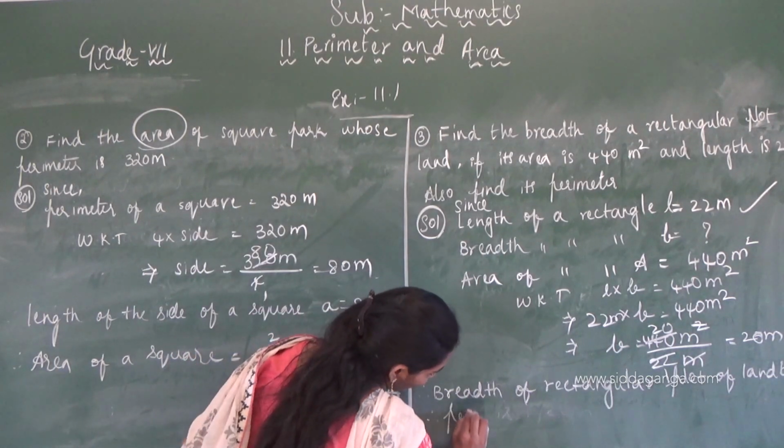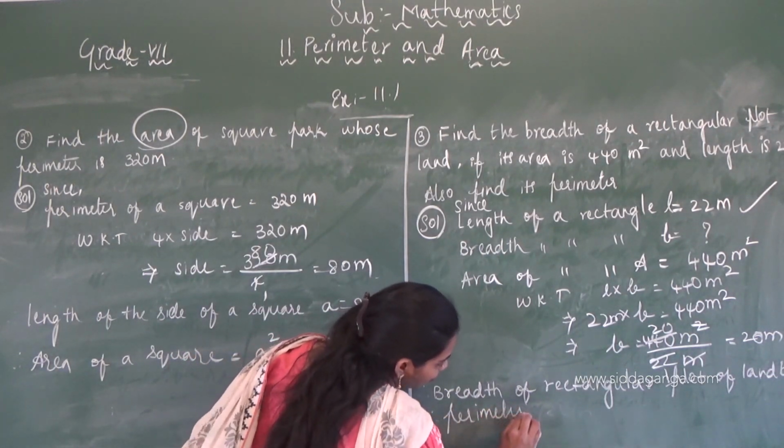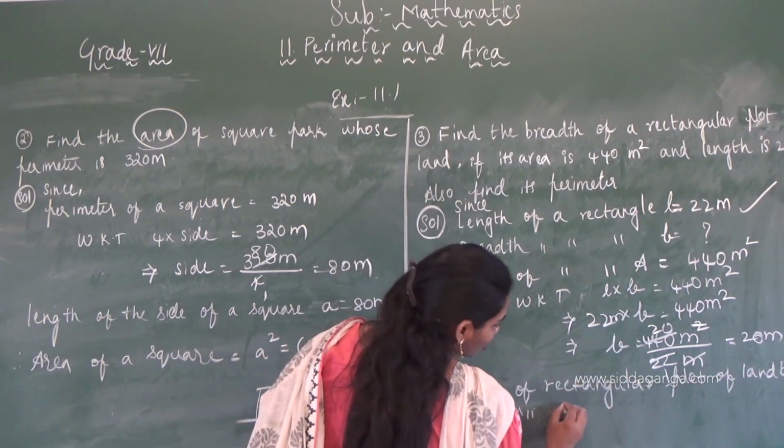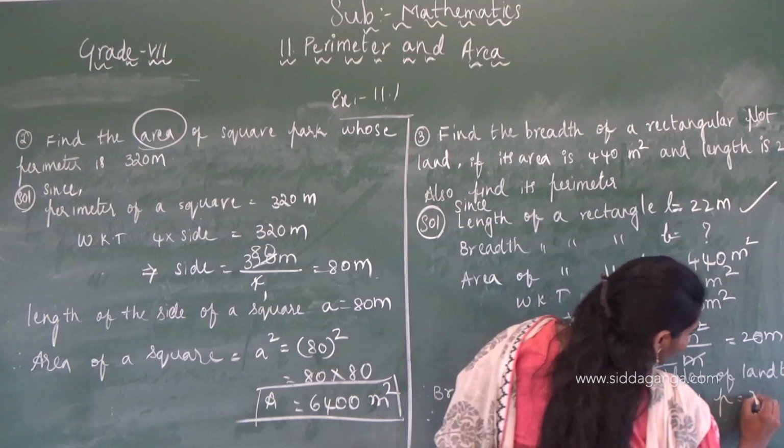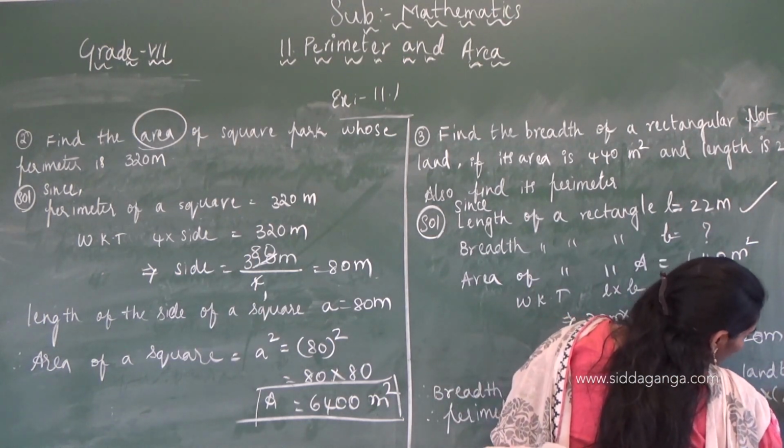Therefore, you have to write the perimeter of the rectangular plot of land: P equals 2 into (L plus B).